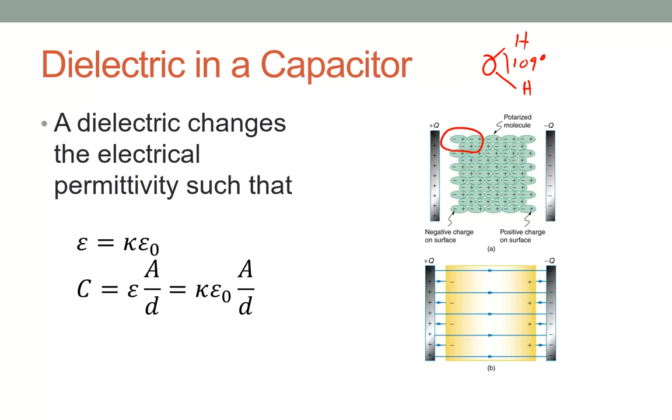And so what happens is you have about plus 0.35 charge on average for each of those hydrogen atoms. That is, the electron spends about 65% of its time with the hydrogen and 35% of its time with the oxygen.